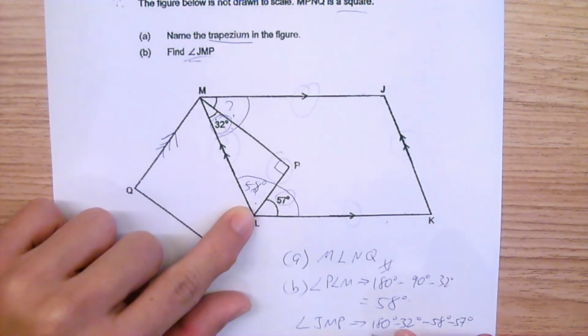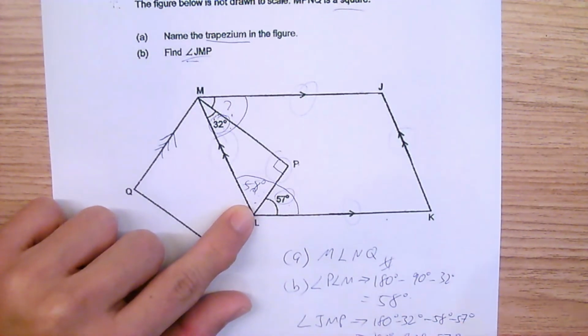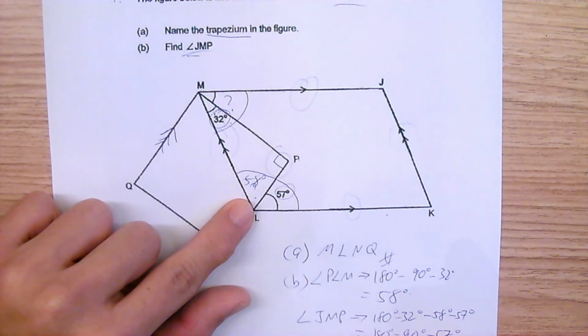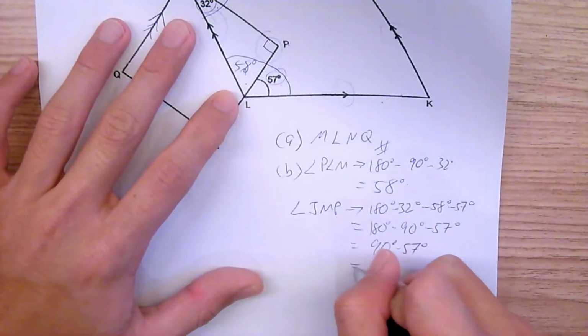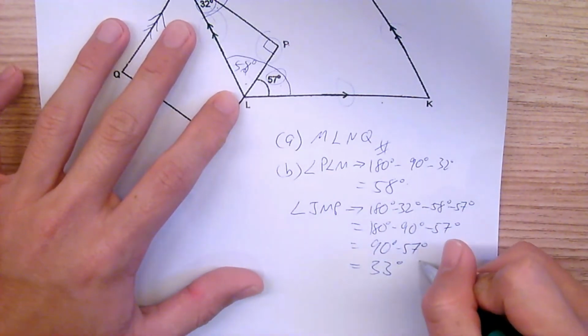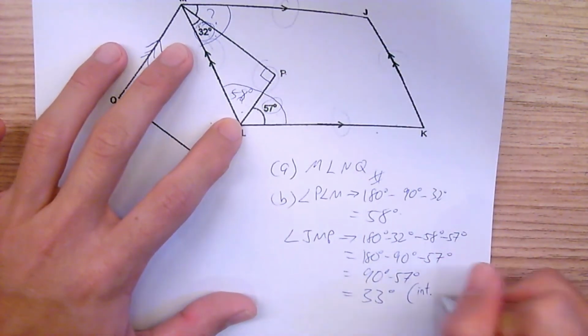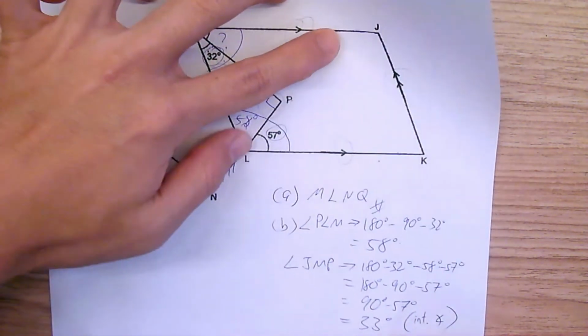So it will be 180 minus 90 minus 57, so that will be 90 minus 57. Sorry, you cannot see, right? 90 minus 57 will give me 33. Yeah, 33. And then the reasoning would be interior angle. Okay, done.